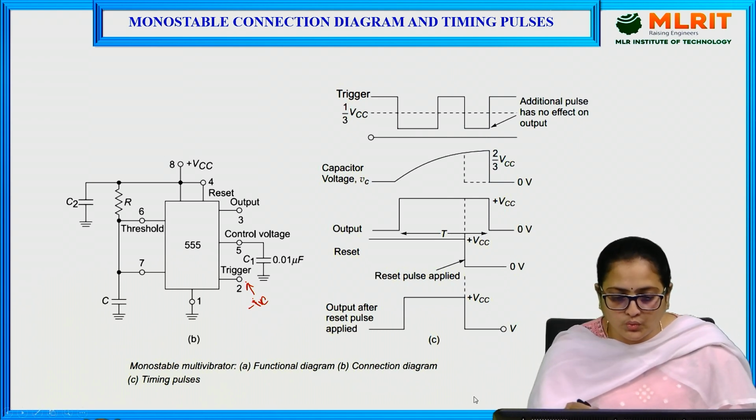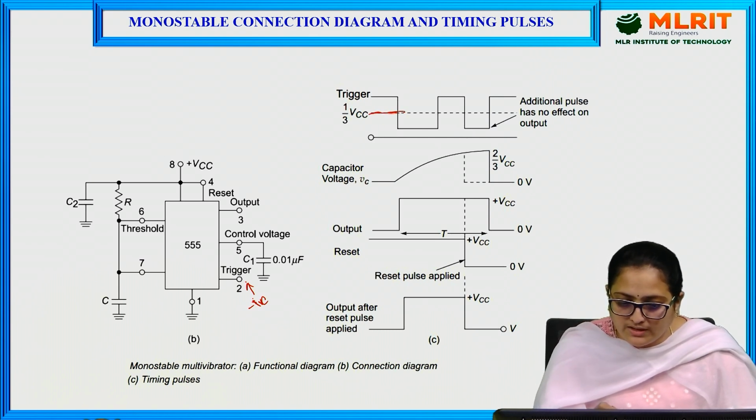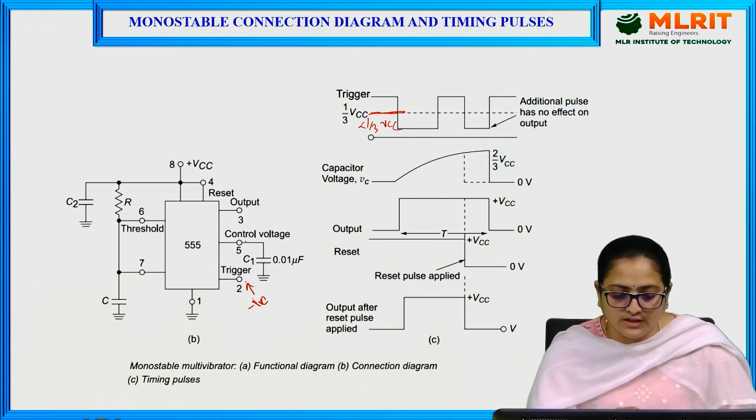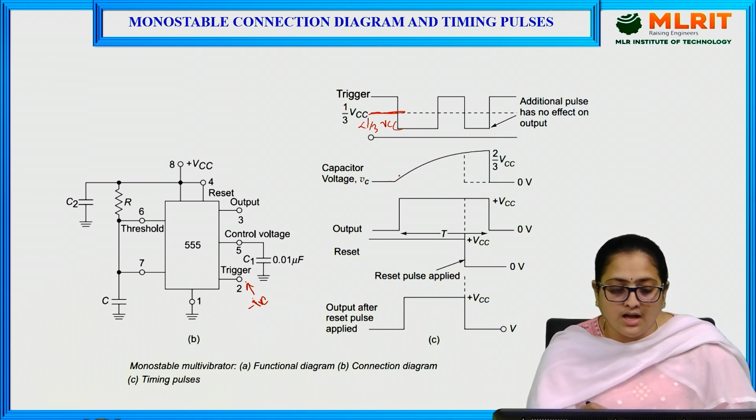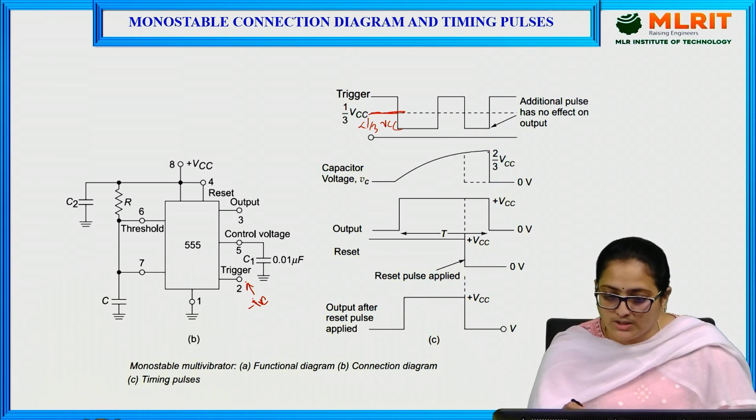If you look at the timing diagrams, when the triggering pulse is given less than 1/3 VCC, as we have just discussed, the output of the comparator will be 0 and it allows the capacitor to charge till 2/3 VCC.